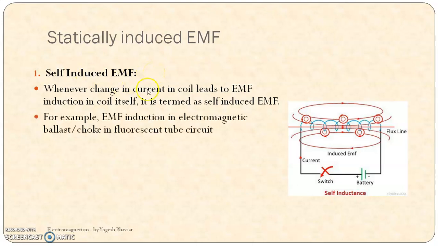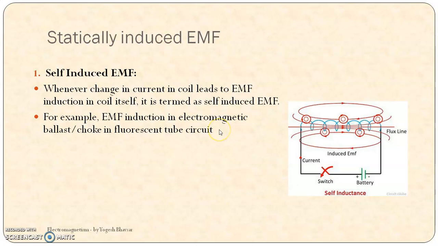For example, the EMF induction in an electromagnetic ballast or choke in a fluorescent tube circuit. You have often seen the fluorescent tube circuit, that is your tube light. In that tube light, there is a choke, which is an electromagnetic choke, which works on this self-induced EMF principle.